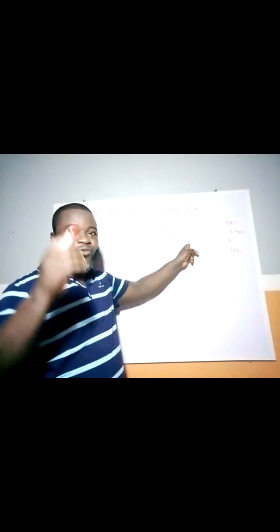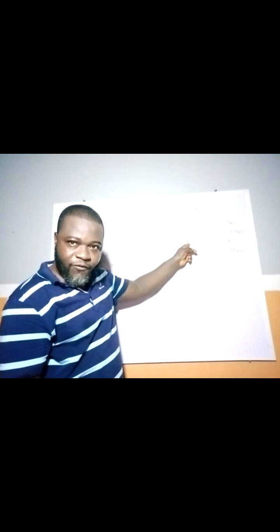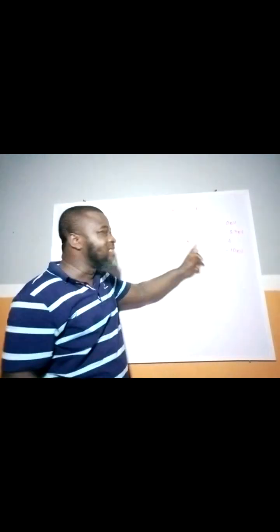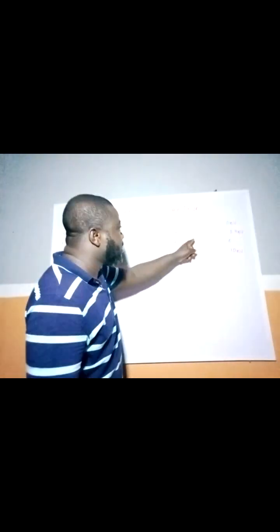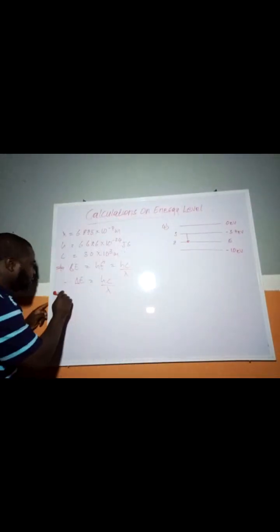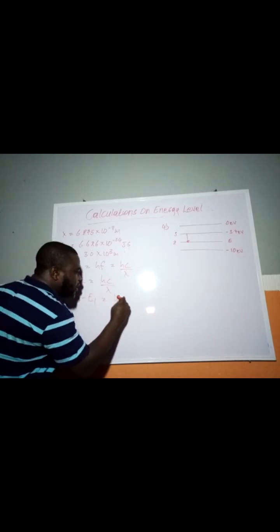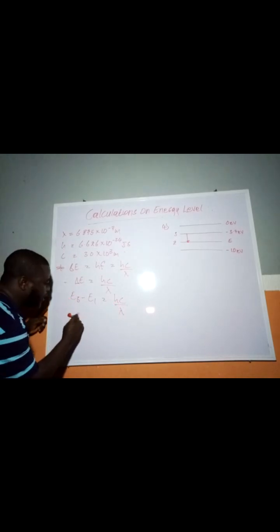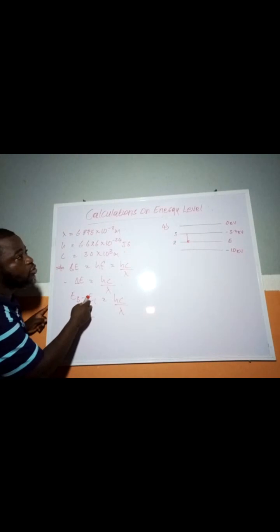Mind you, when you are talking about changing energy, whether it's moving from up to down or from down to up, it's still the upper energy level minus the lower energy level. So the change here should just be E3 minus E2 equal to hc over lambda. And E3 is minus 3.7, then minus E2.